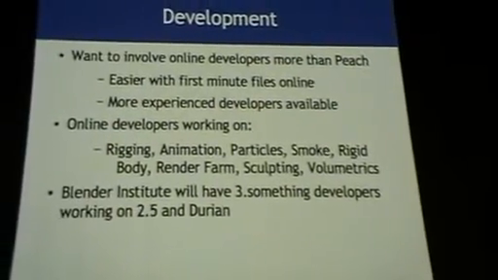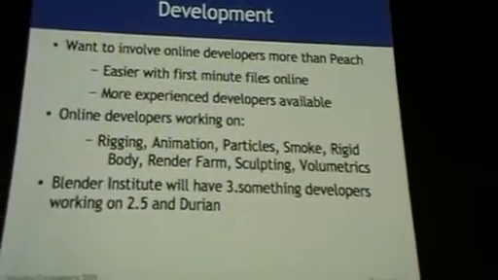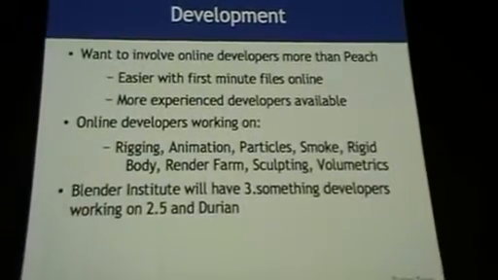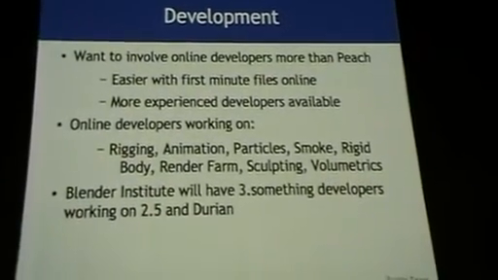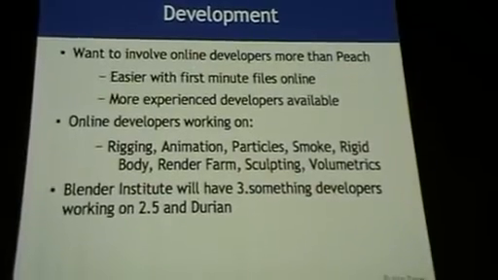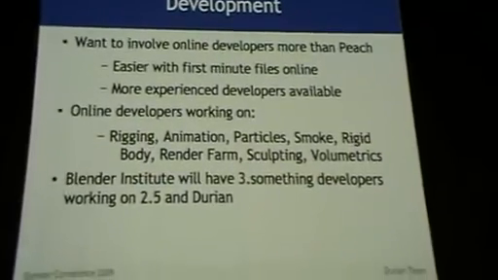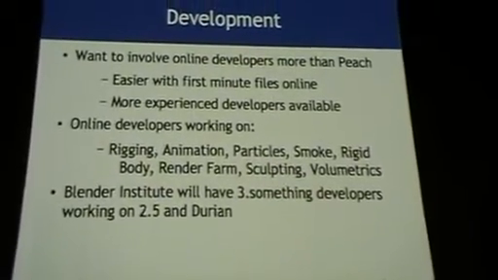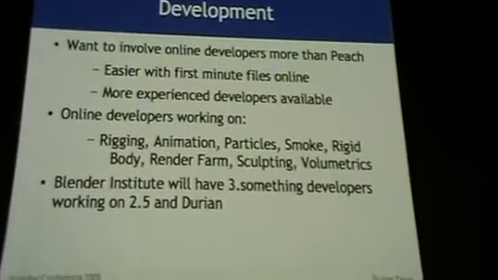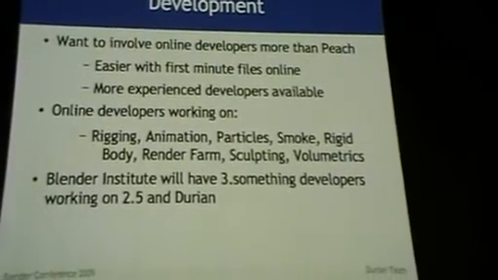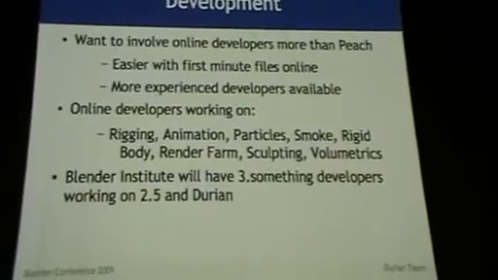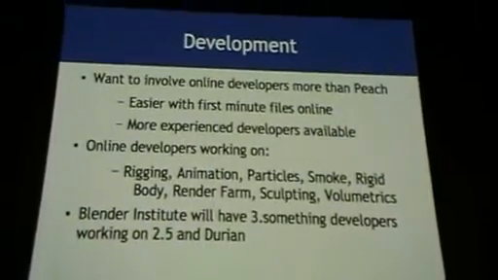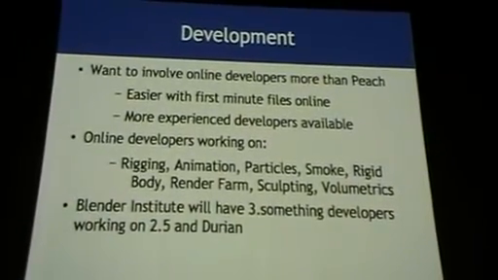So hopefully we can do better this time, and I think we can, because one of the nice things, I think we've already announced it on the blog, so it's fine, is that the first minute of the movie, the files for that will be online. So the character files and the environments will already be available, and we will have something to share with the developers that they can immediately start testing.